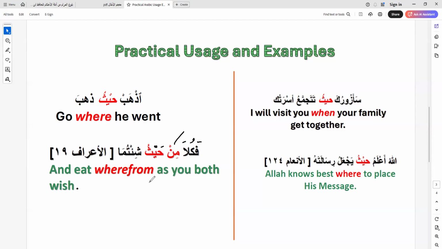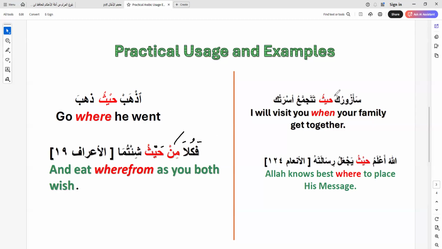As we have learned, anytime there's a preposition, it has effect on a preceding noun. But here, min is not having effect on haythu. Haythu is still haythu. We are not going to say fakula min haythi. Why? Because haythu is an indeclinable word.